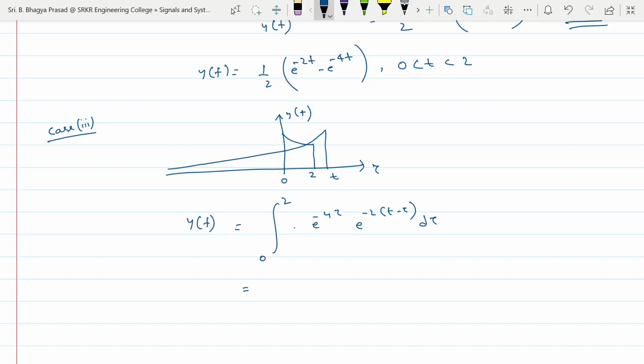By bringing e power minus 2t outside the integral 0 to 2, we get minus 4 tau plus 2 tau, e power minus 2 tau d tau, and this is e power minus 2t times e power minus 2 tau by minus 2, from 0 to 2.